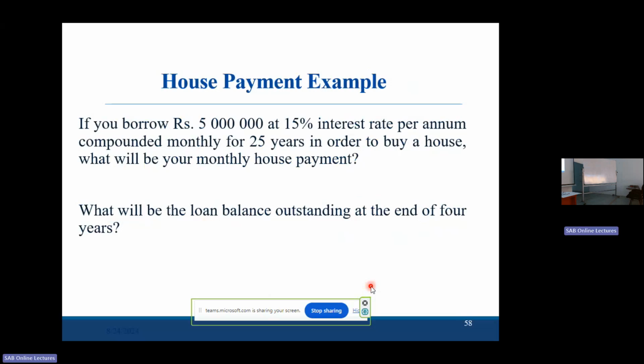So look at the application. What is the application? Anyone? Yes, please. How do you calculate? No, tell me, because now we are applying the things we learned: conceptually present value, future value, cash flow, deferred annuity.